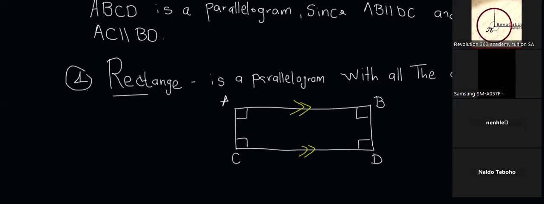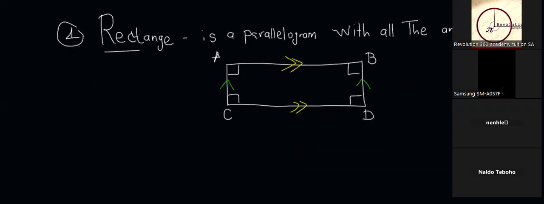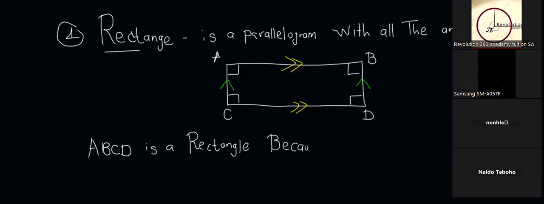I'm going to say ABCD is a rectangle because ABCD is a parallelogram. Sir, you wrote because twice.